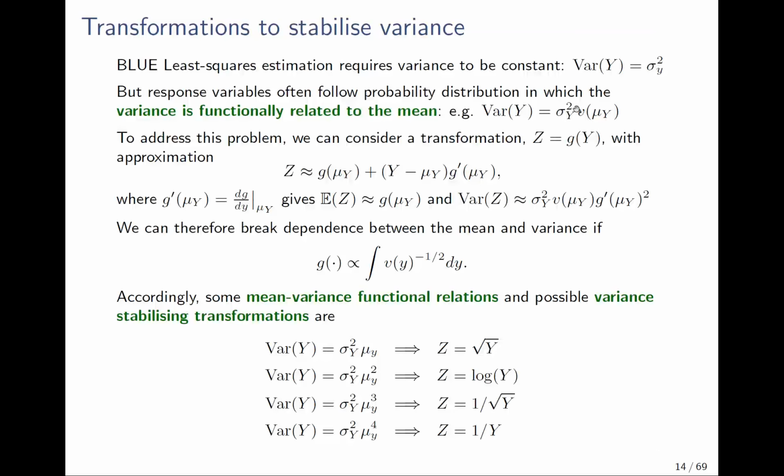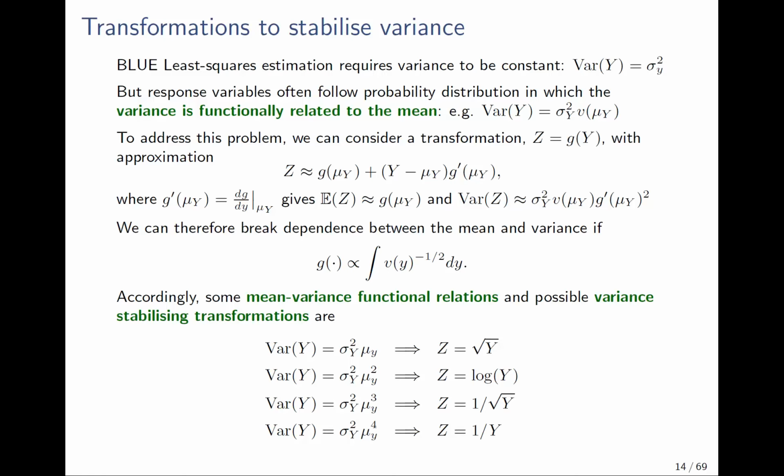But let me move on to the practical use of transformations, and we're going to go through each objective. And as I said, the first objective of a transformation is to stabilize variance. As we said in our previous lectures, in order for least squares estimation to be BLUE, the variance must be constant, and we proved that in lectures 4 and 5.